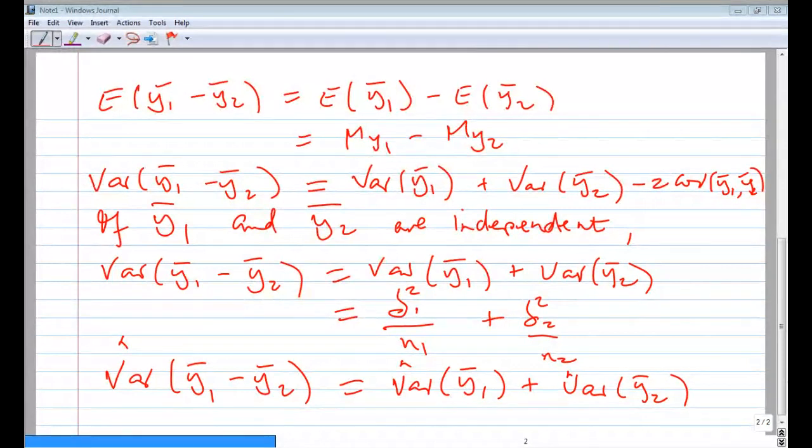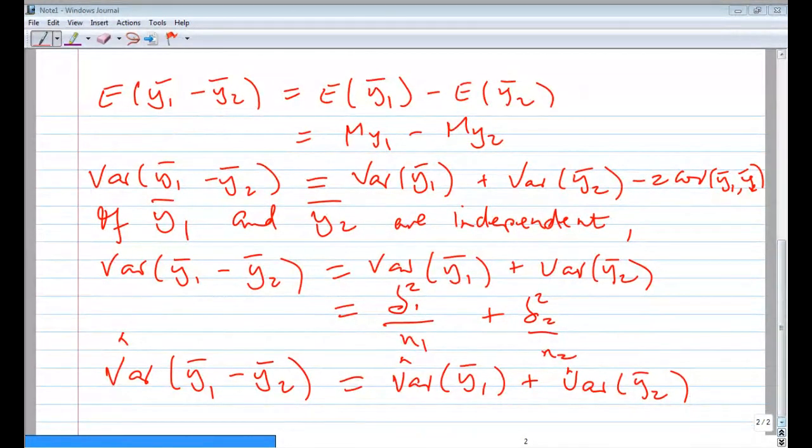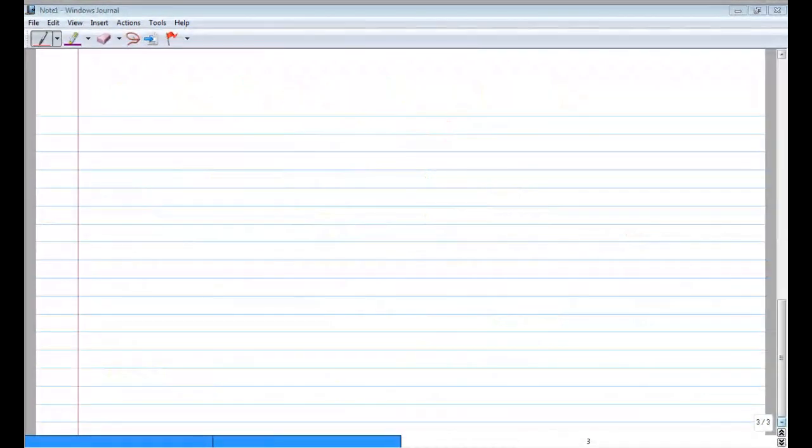Again, y bar 1 and y bar 2 are independent. So, which is equal to what?